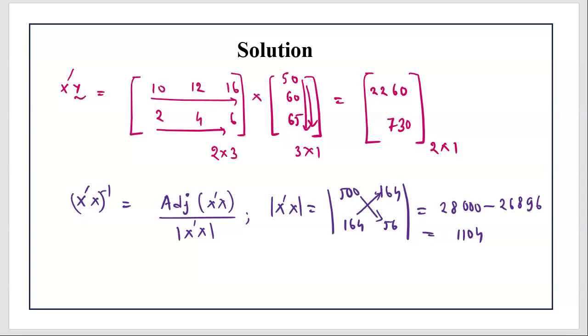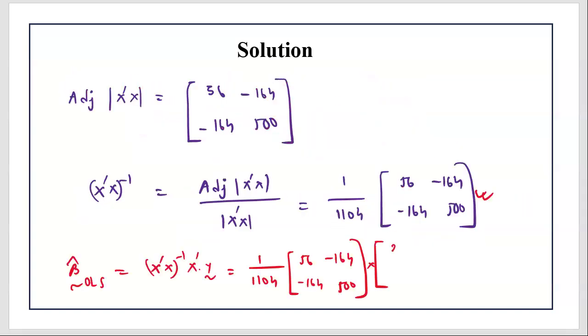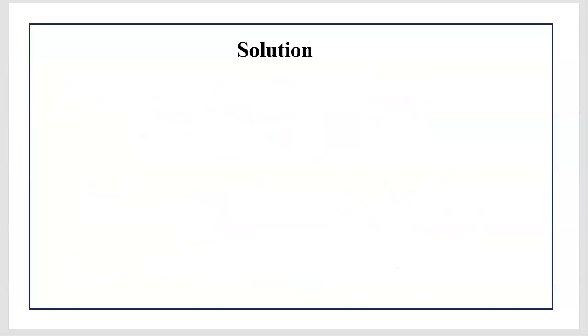X prime y, see, we have calculated this here. This is x prime y. So this is 2260, and then you have 730. Right? So once you calculate, now you have to do this multiplication.